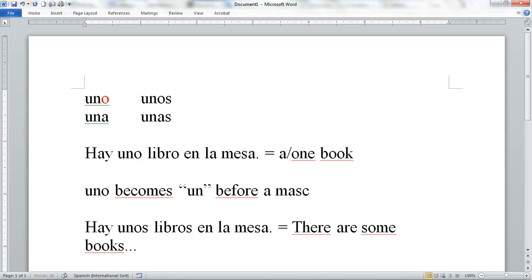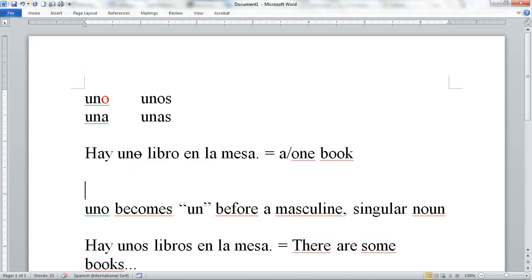So you have to drop the O. Okay, so rather than saying hay uno libro, you say hay un libro.